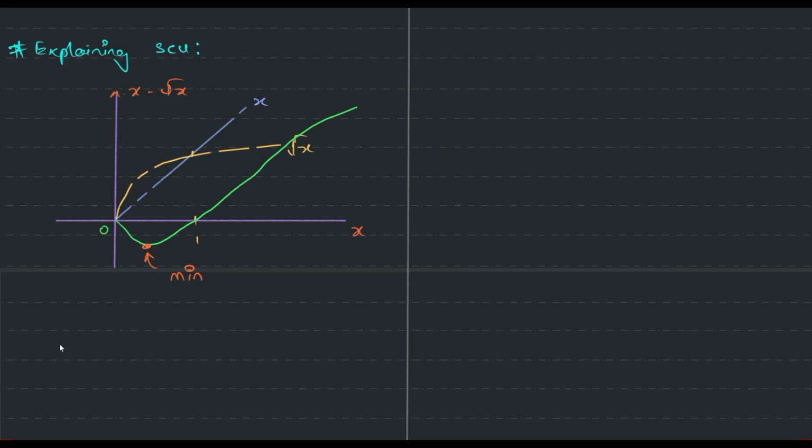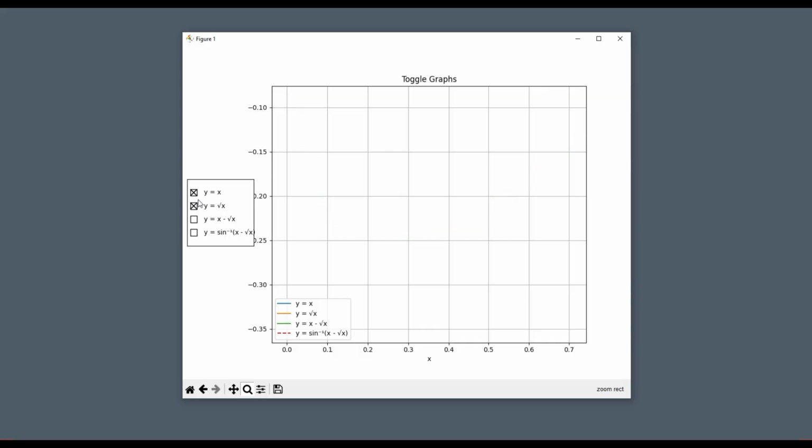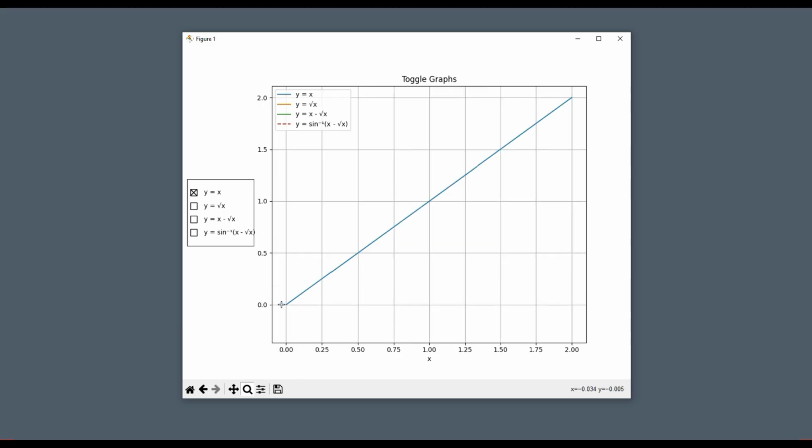Okay, so let me make it very clear. Clarity is important. So what we are looking at is x, right? This is x, the first graph. Root of x, the second graph. So observe what happens between x and root of x.